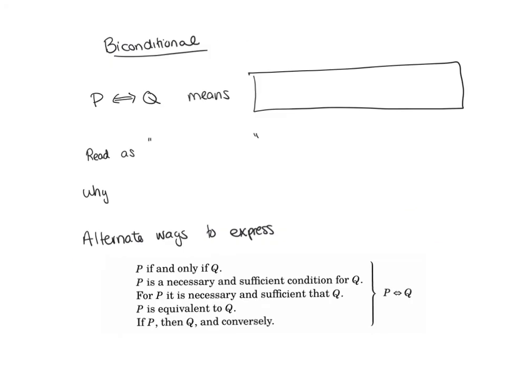Okay, so what do we get for this biconditional? If I write P if and only if Q, or P with the arrow that goes both ways and then Q, that means both P implies Q and Q implies P. So both of those conditional statements are true.